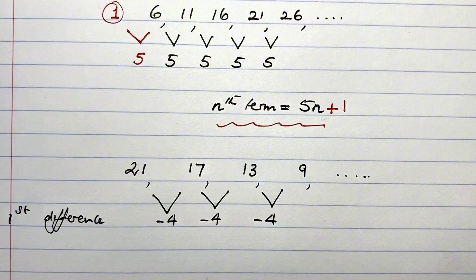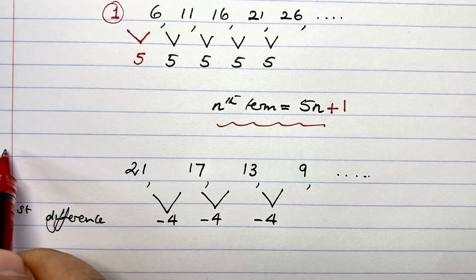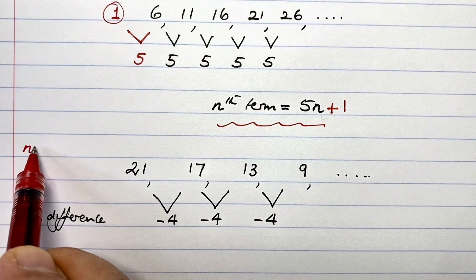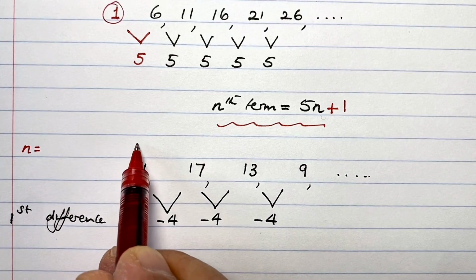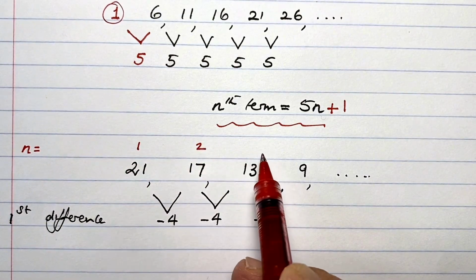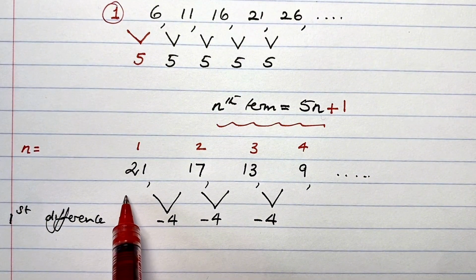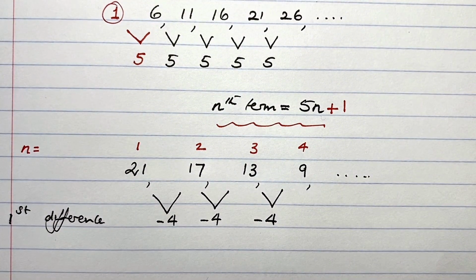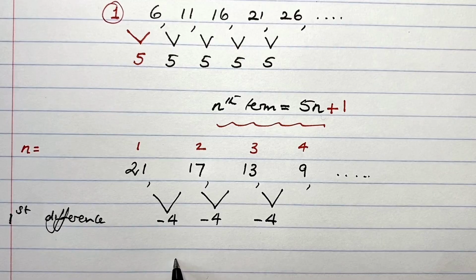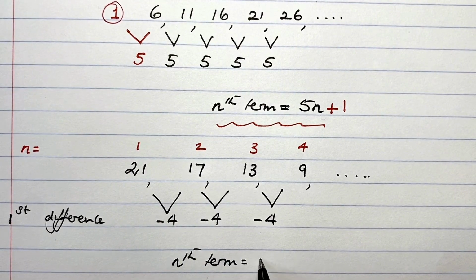So the nth term would have been, with term numbers 1, 2, 3, 4, and I'm going to go back to find the 0 term. Before that, I write my nth term, which is minus 4n.